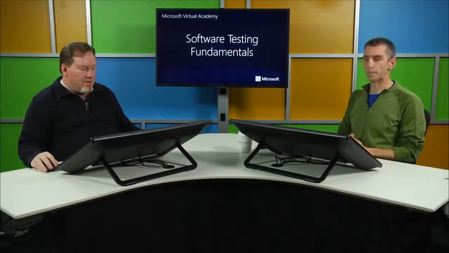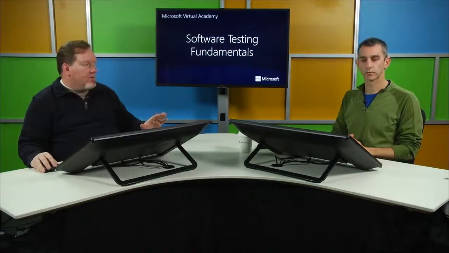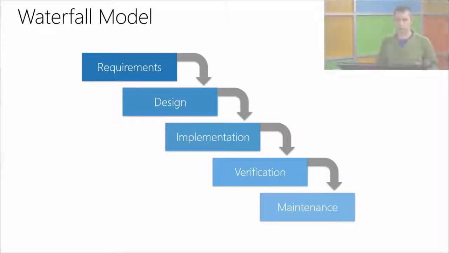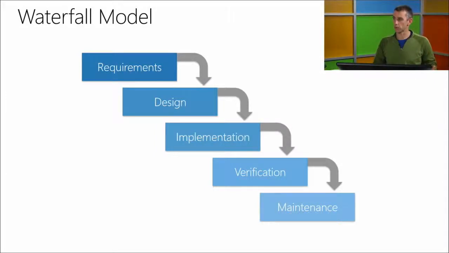Cool. So here's a very simple example of a waterfall model. You want to take us through this? Sure. The first step here is a requirements phase. This is where the business has developed their user stories, and they're letting the program management, development and test team know exactly what the problems are that they're trying to solve.